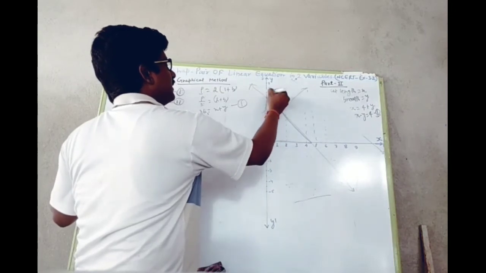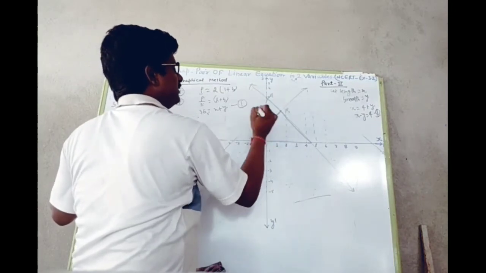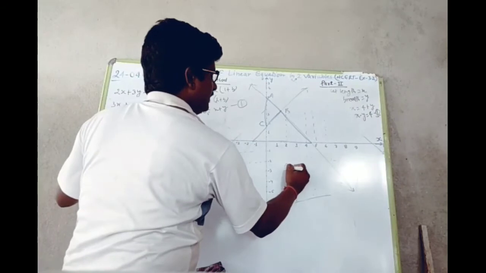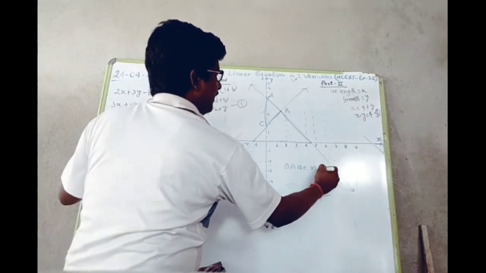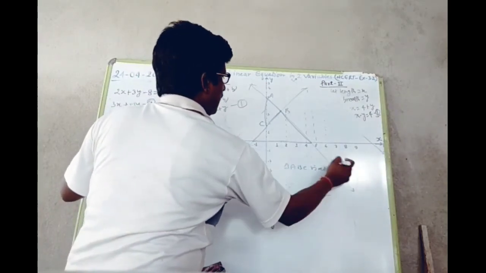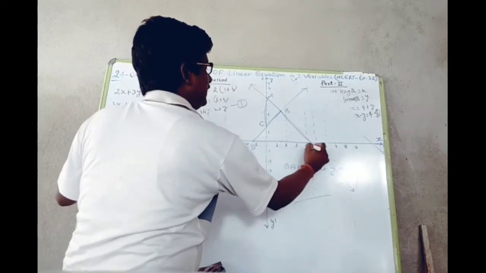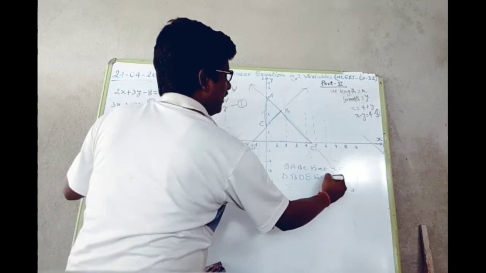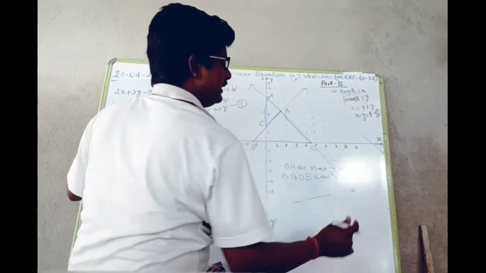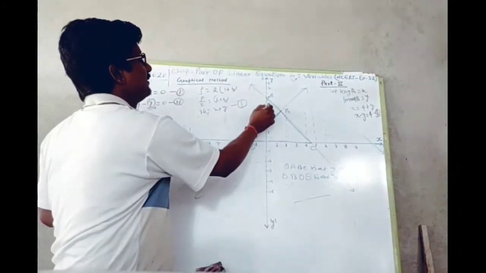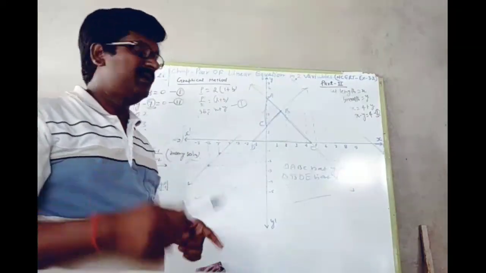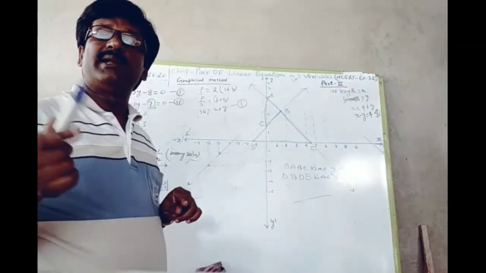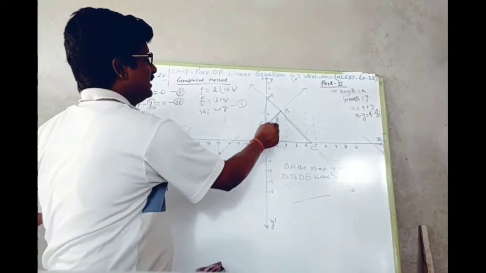This is the triangle ABC at the y-axis, and triangle BDE is at the x-axis. So when the question is about the y-axis, simply shade this region.